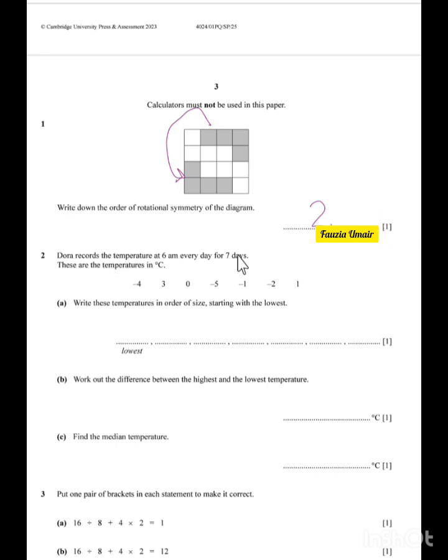The second question is, Dora records the temperature at 6 a.m. for 7 days. You need to arrange them. This concept is just the concept of integers. You should know that negative numbers are smaller than positive numbers. The bigger the negative number, the smaller the value.